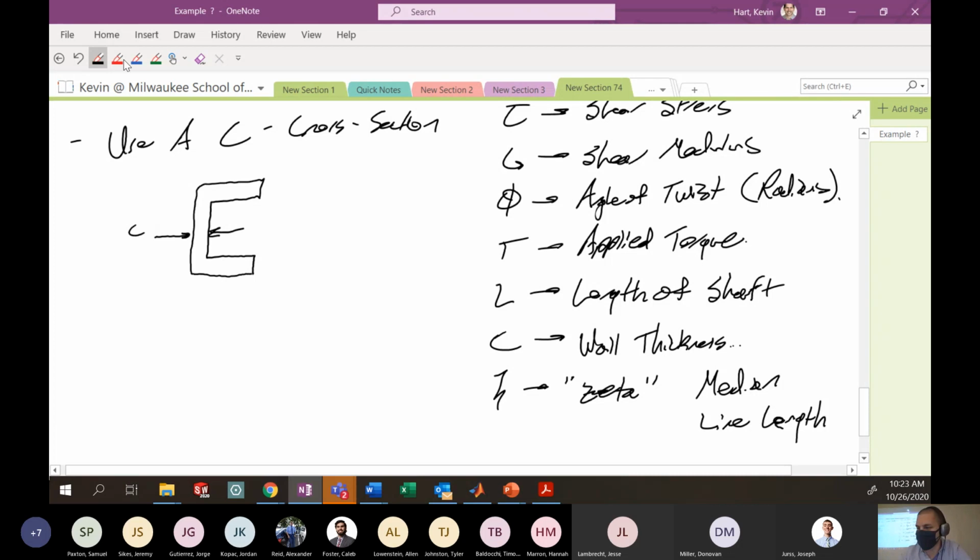But the median line is the line that runs between the wall thickness throughout the entire piece. So this is the median line. The length of this line is the variable zeta.